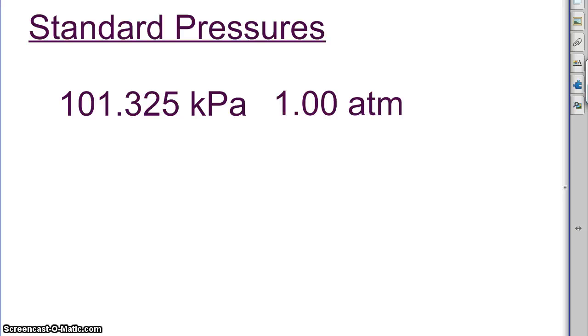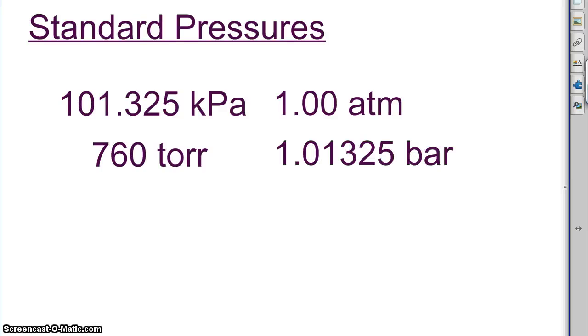There's this other unit called the atmosphere. ATM is how we abbreviate it. And standard pressure in atmospheres is 1. That's kind of a nice one to use. There's another unit called the torr, for which standard pressure is 760. There's this unit that's called the bar, that's 1.01325. You'll notice that looks kind of familiar. It's kind of the kilopascal one, moved a couple of places.